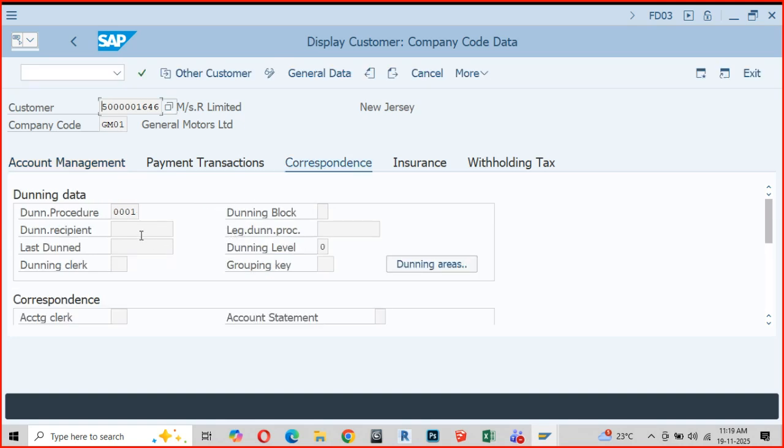Now you see that we have assigned a dunning procedure 0001, and this was already available for us. There was no requirement for us to create it. But normally the finance consultant creates the dunning procedure based on the requirements of the business. So he understands the requirement of the business and accordingly configures the procedure.